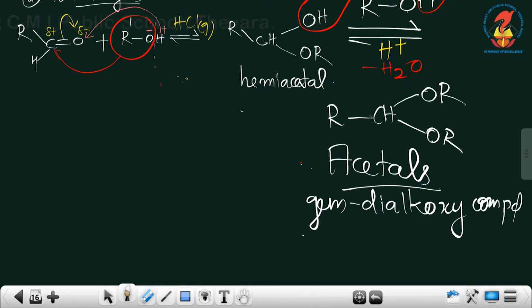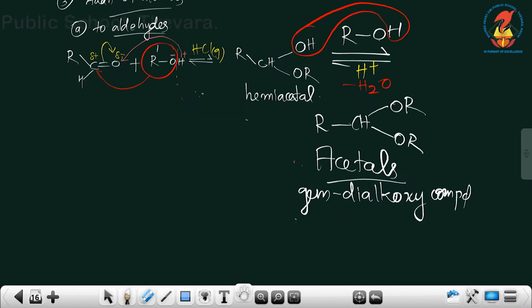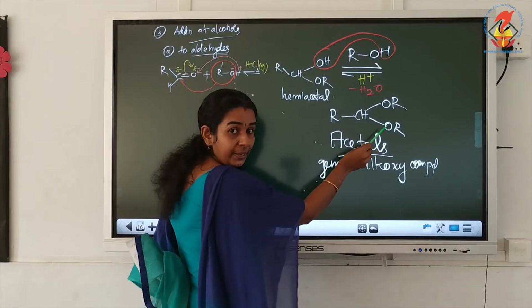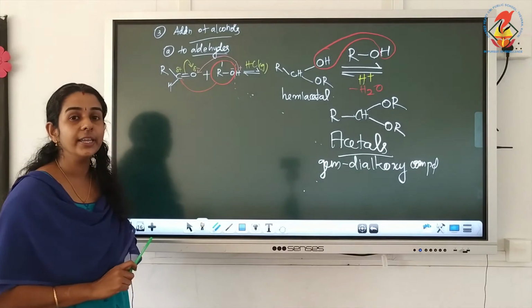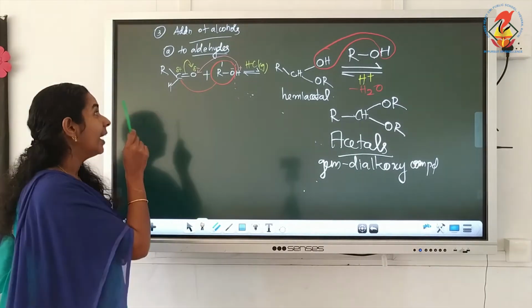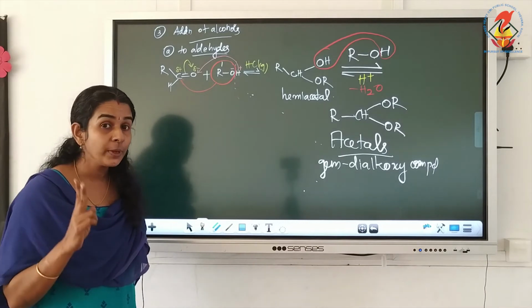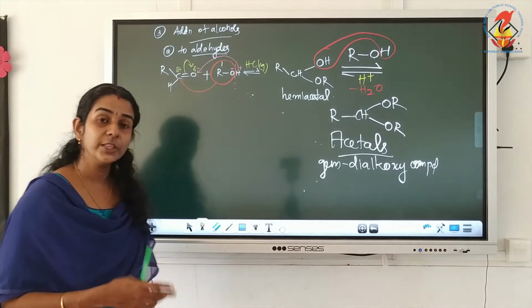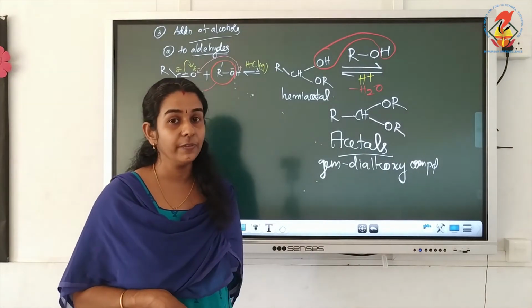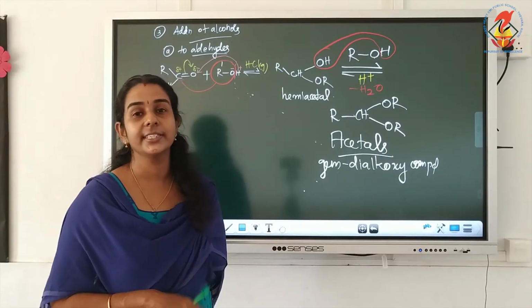So, how can we define acetal here? They are geminal dialkoxy compounds formed by the reaction of an aldehyde with how many molecules of alcohol? 2. If it is reacting with only one molecule of alcohol, we are getting hemiacetal.